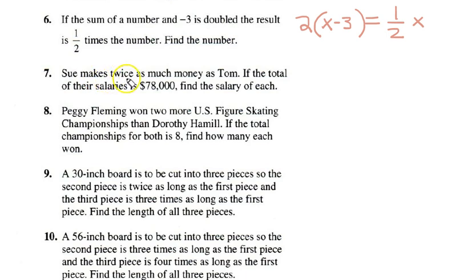Sue makes twice as much money as Tom. If the total of their salary is this, find the salary of each. Well, we're going to say T is equal to Tom's salary.